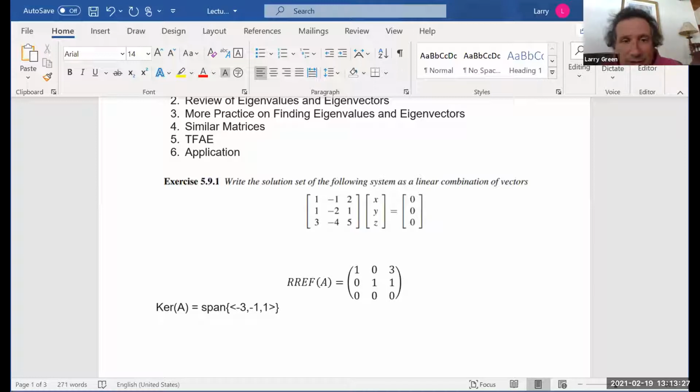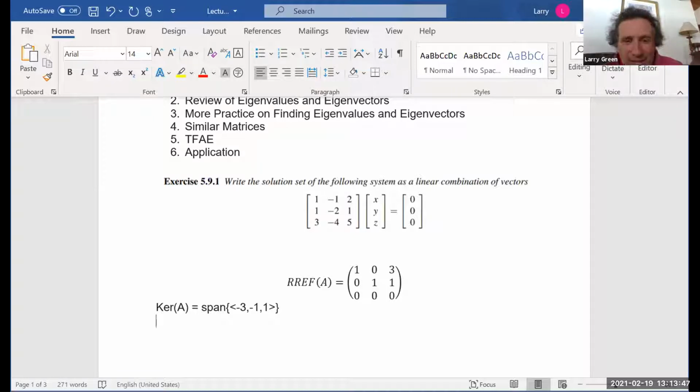So now it says write the solution set of the following system as a linear combination of vectors. Okay, of course, the grammar is wrong. Why is the grammar wrong? Yeah, there's only 1 vector, so it should be of a vector, but that's because they didn't want to give it all away.